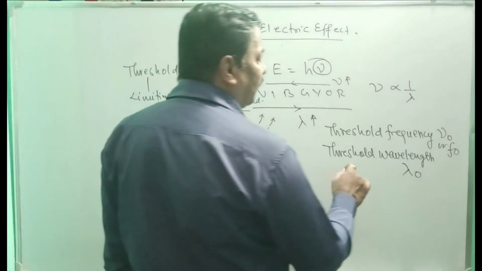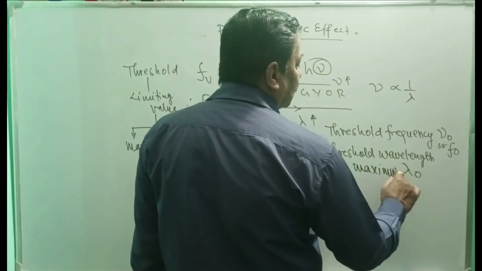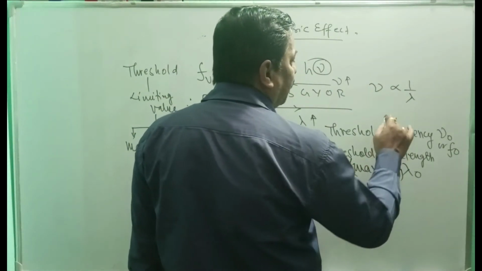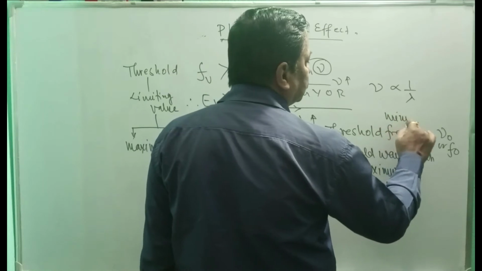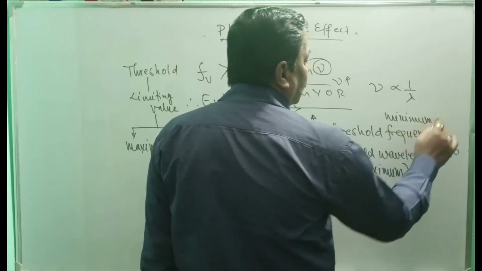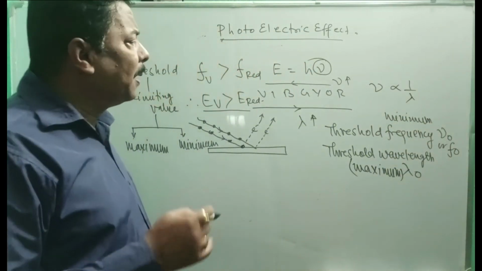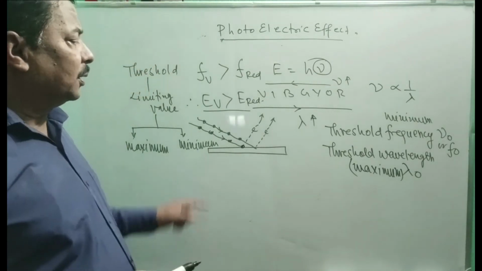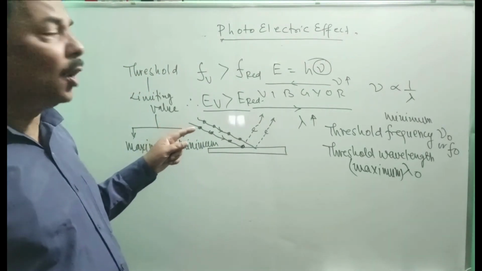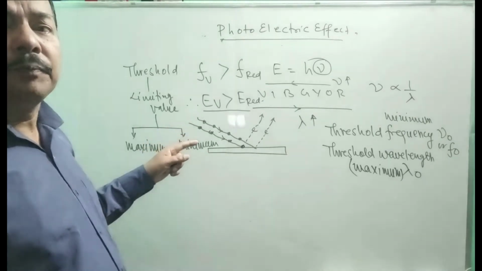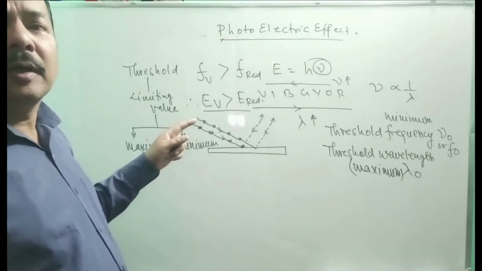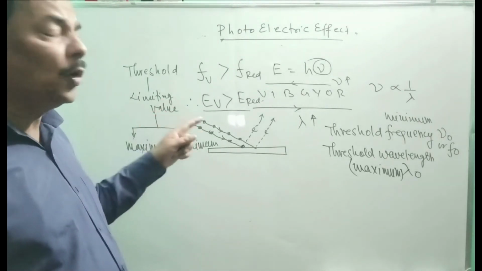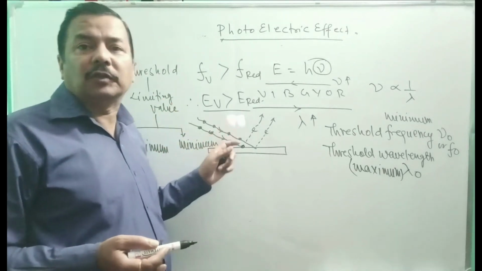So threshold wavelength is maximum and threshold frequency is minimum. Threshold frequency is the minimum value of frequency above which, including that, photoelectric emission is possible.